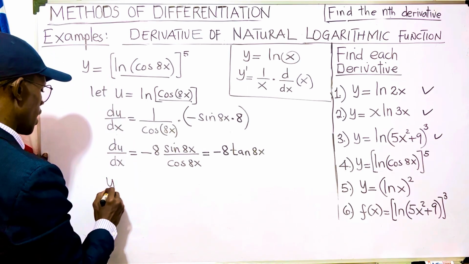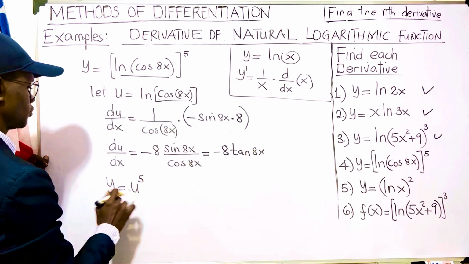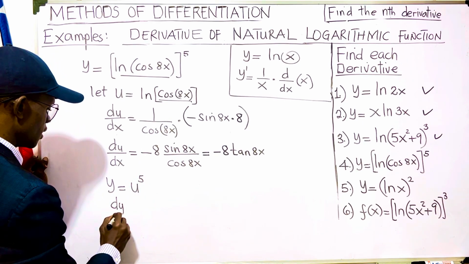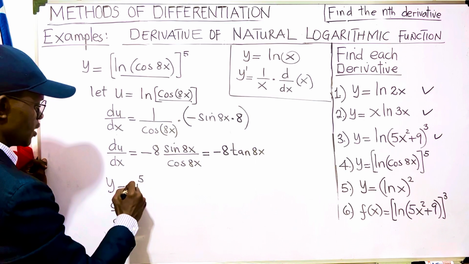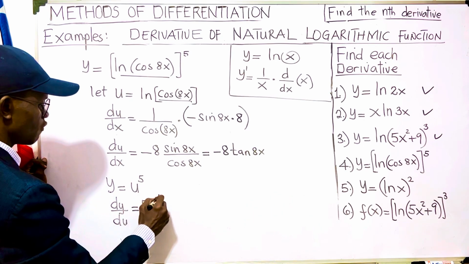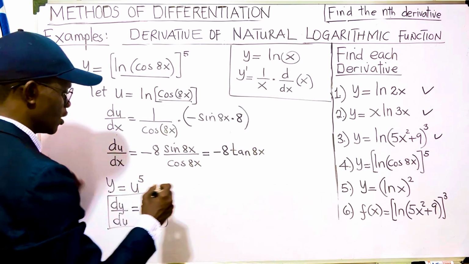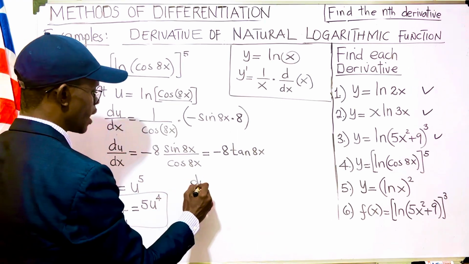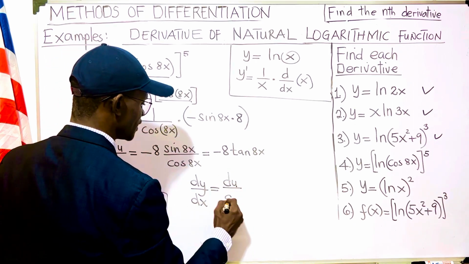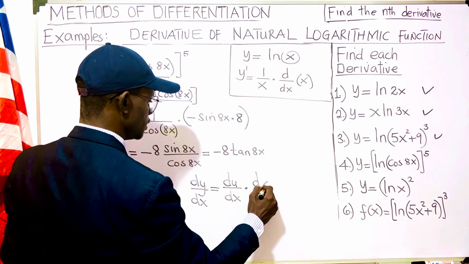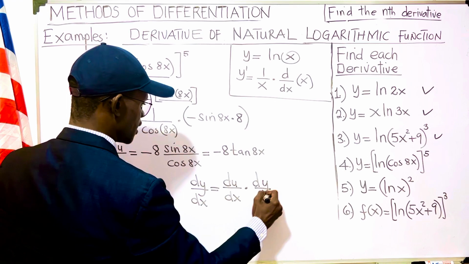Now let's go back. Y equals u raised to the 5th power. So we find dy by du, the derivative of the function y with respect to u. We bring this power down: 5u raised to the 4th power, because we subtracted 1 from there. Now, remember the formula: dy by dx is equal to du by dx times dy by du.